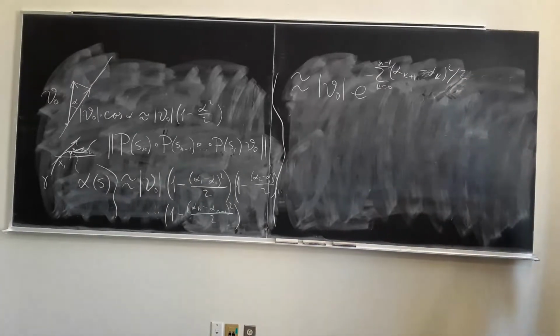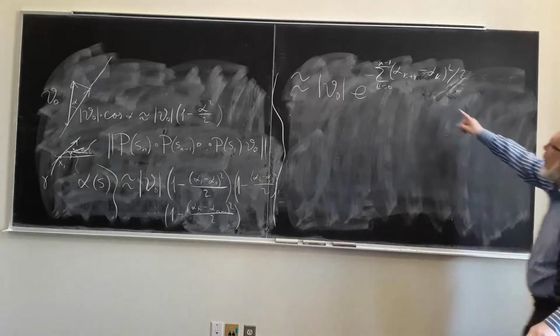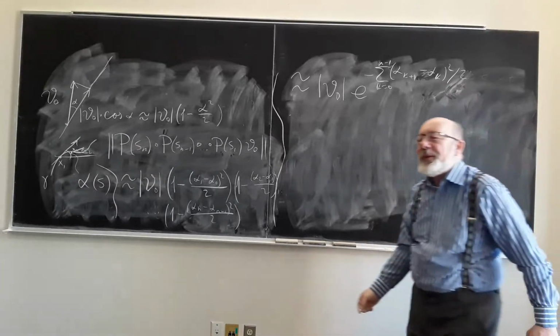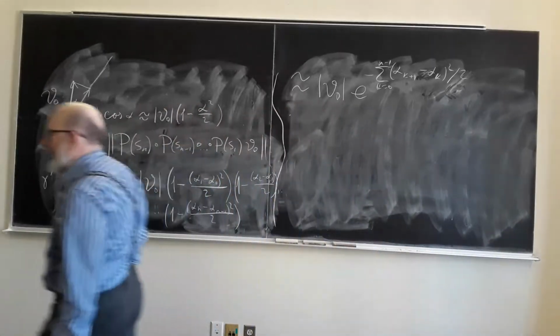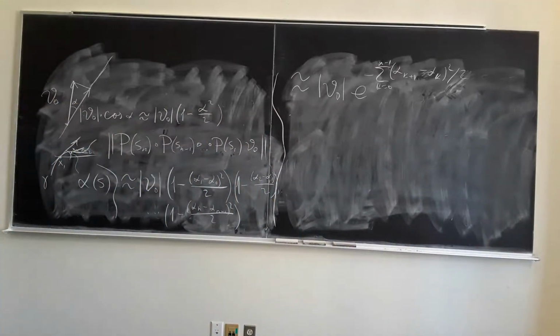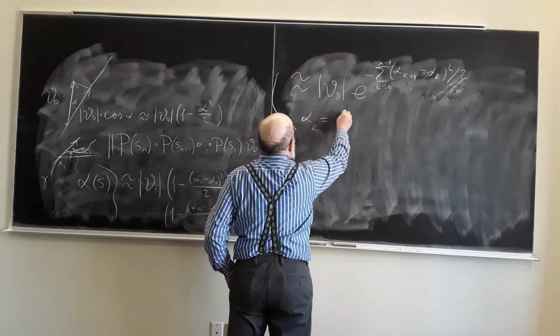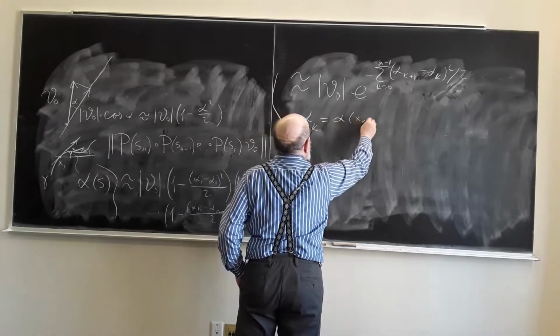So here we have this sum of squares of increments of a function. Let me write alpha k equals alpha of xk.